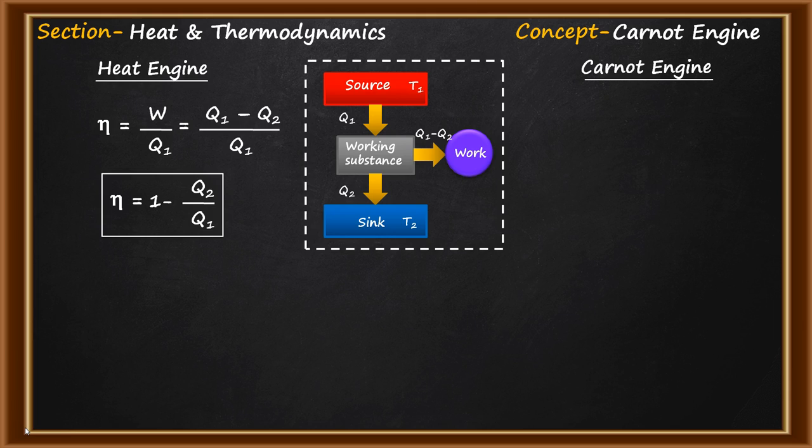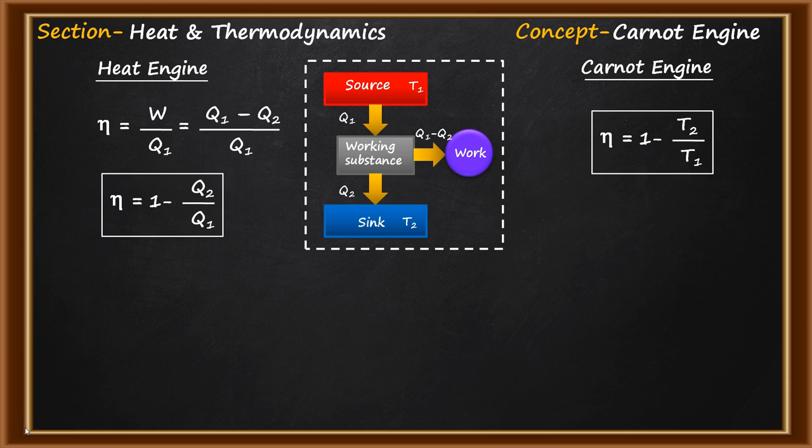So for this same given set, in case of Carnot engine, the efficiency is given as eta is equal to 1 minus T2 by T1. So this equation is valid for Carnot engine.